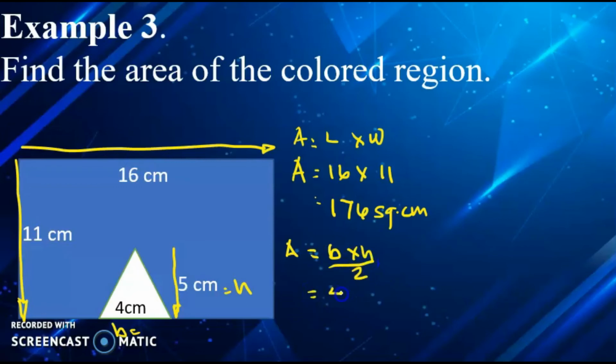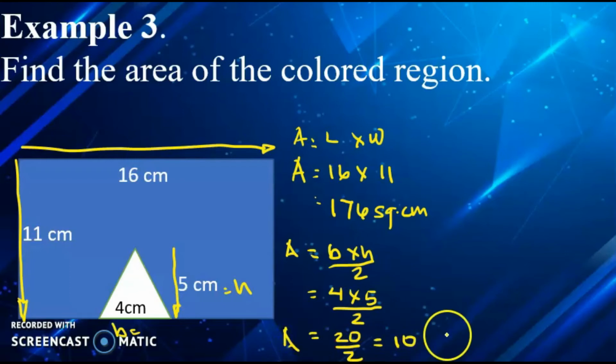So, base is 4 times 5 divided by 2. So, area is equals to 20 divided by 2 is equals to, yung area natin ng triangle is 10 square centimeter. So, meron na tayong area ng triangle, meron na rin tayong total area ng rectangle.